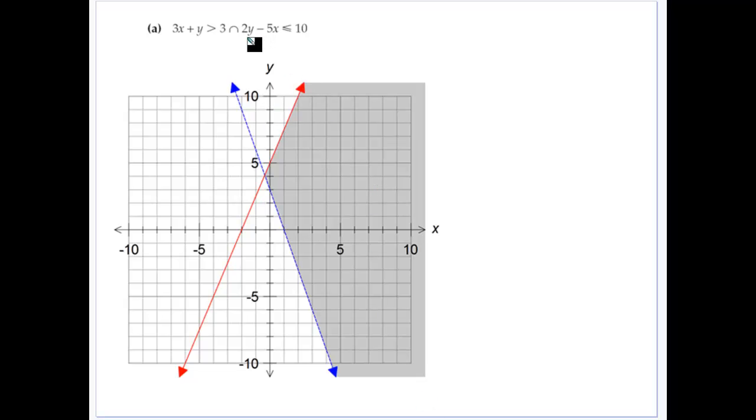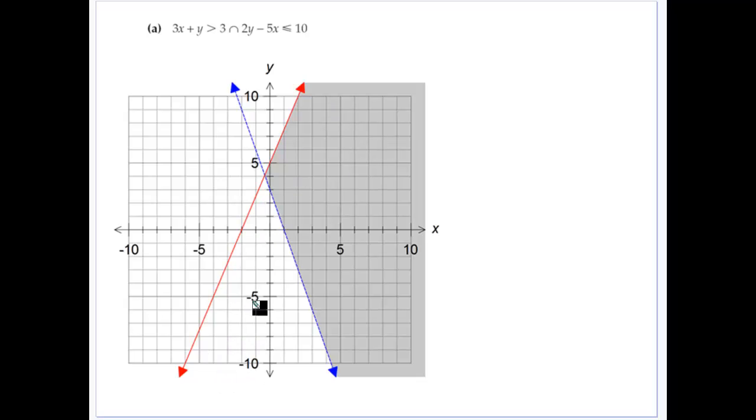Then we're going to look at 2y minus 5x less than or equal to 10. Well, that's where that line comes in. We draw up our line as normal, and then we see whether 0, 0 satisfies it. So we put in 0, 0, 0 and 0, less than or equal to 10. It is. So 0, 0 is part of it, so we'd shade all of that side of the line.